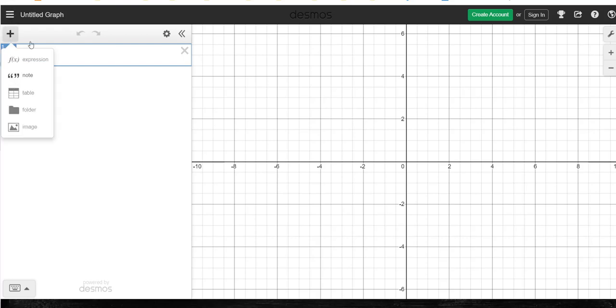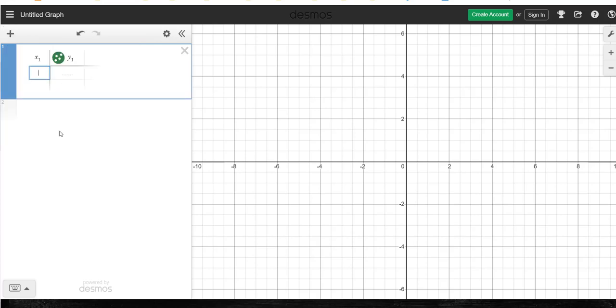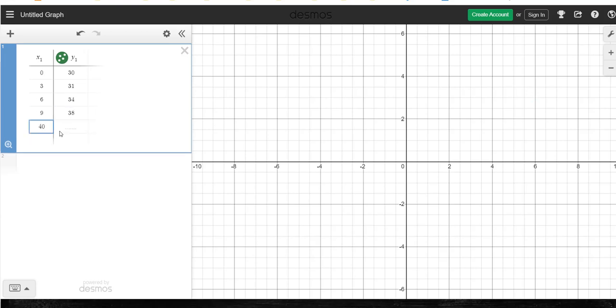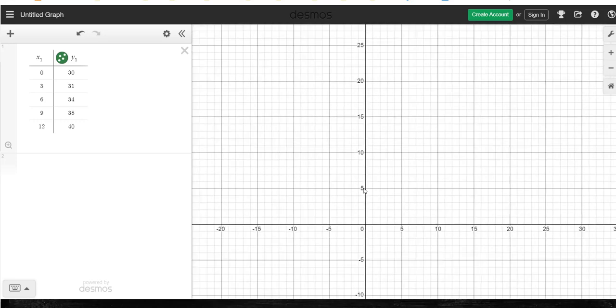If you go into Desmos, remember Desmos.com is free, and we like free, you could put in these points: 0, 30; 3, 31; 6, 34; 9, 38; 12, 40. And you're like, but I don't see them. They're there somewhere, way up here.